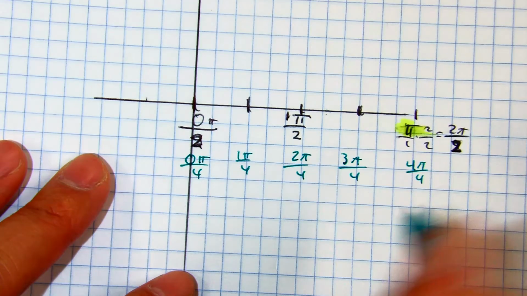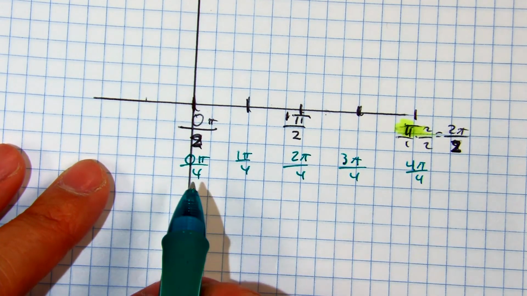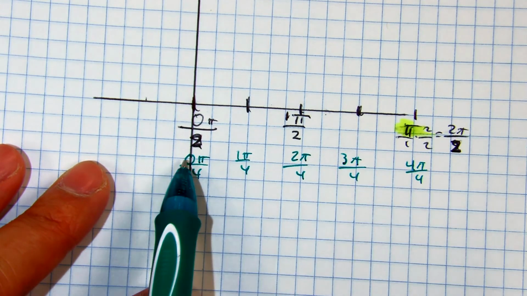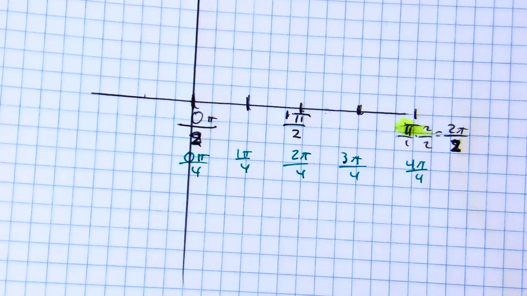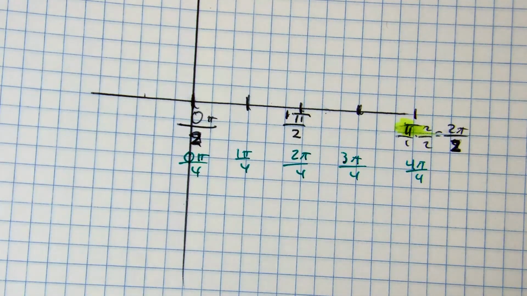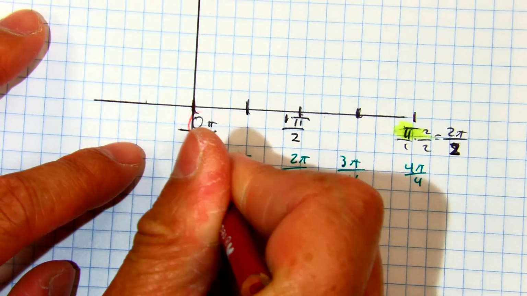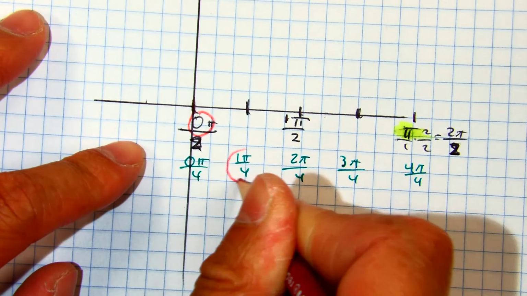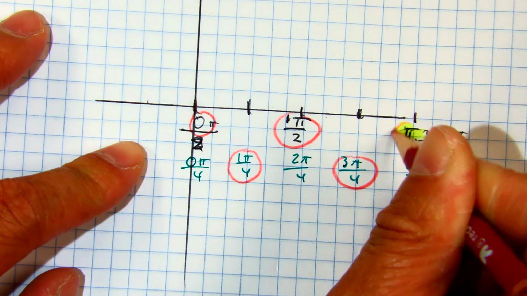So, some students are asking, why do you do all these fractions down here? It's to show equivalent fractions, and you can just count 0, 1, 2, 3, 4. See that? And then now I'm going to go ahead and circle the ones we're actually going to use, and this will actually be super helpful as you evaluate them. So essentially, we already know that this is just 0, pi over 4, pi over 2, 3 pi over 4, and pi.